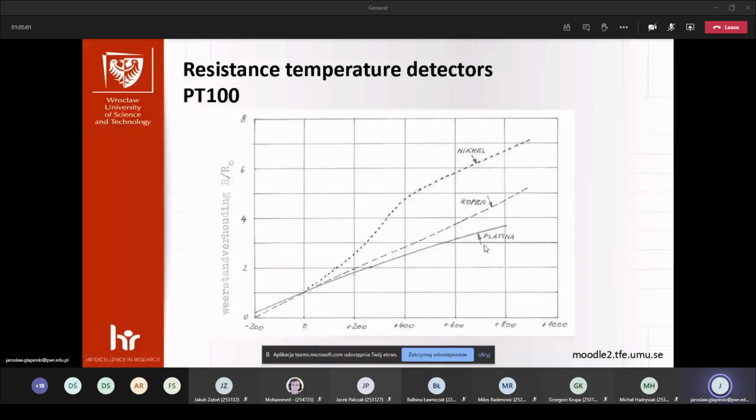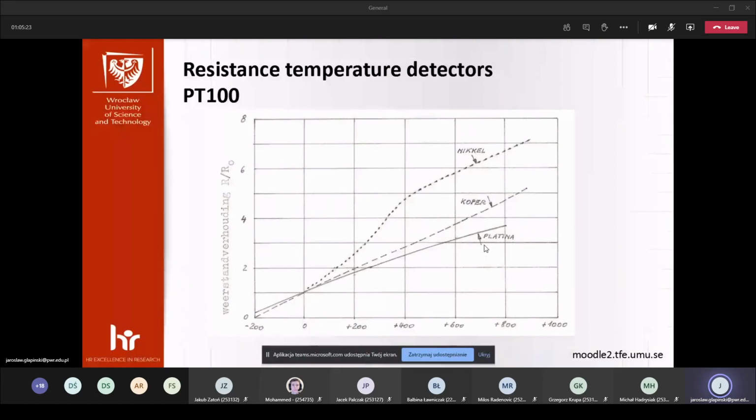But generally, why don't we use copper? Because we would like to have an instrument that can measure temperature in very wide ranges.